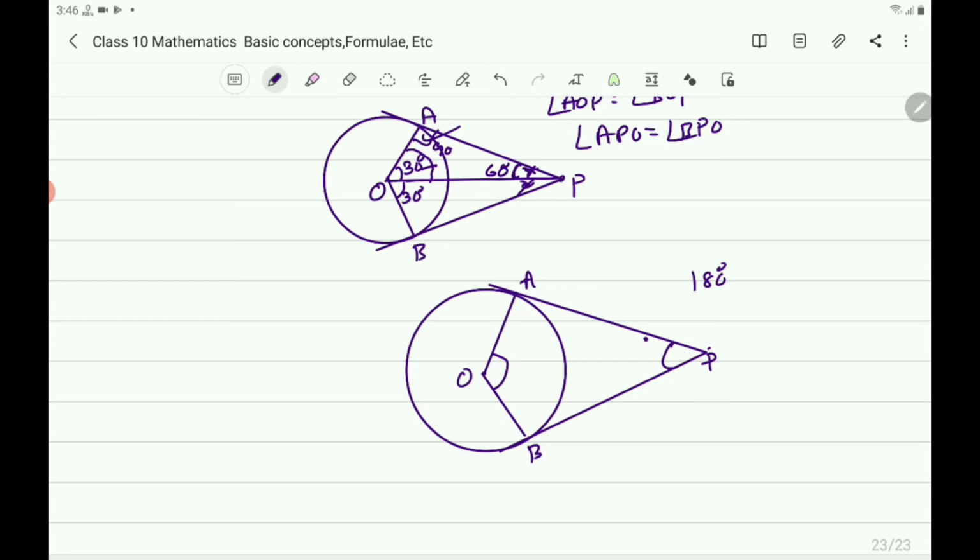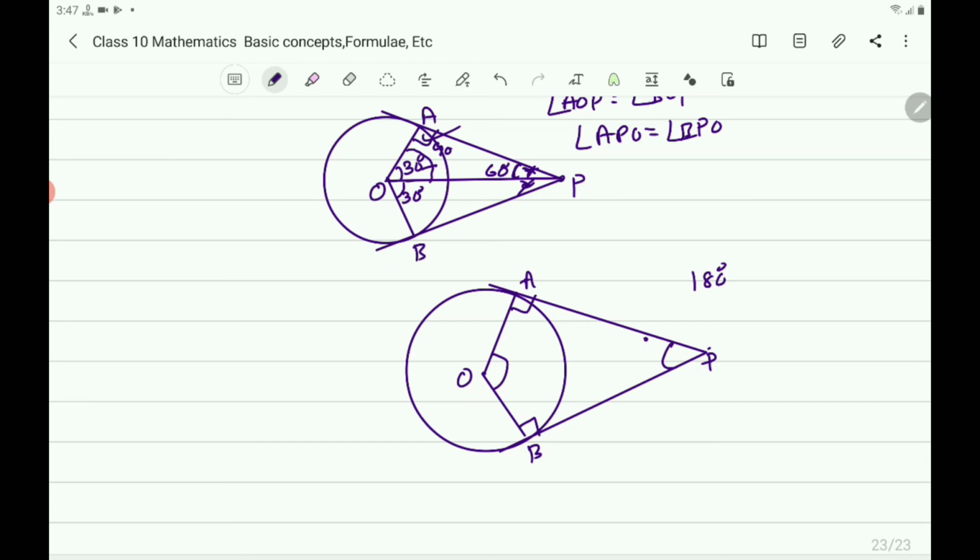If that middle line is not there, then the sum of these two will be equal to 180 degree. Then if one angle is given, to get the other angle, you must subtract the given angle from 180 degree. Because you know that these two angles are 90 degree, that sum is 180 degree.